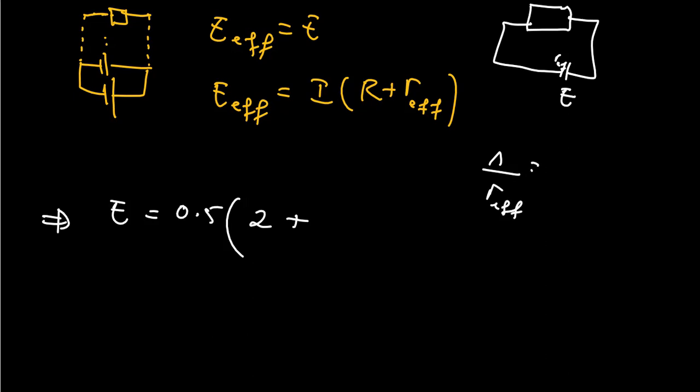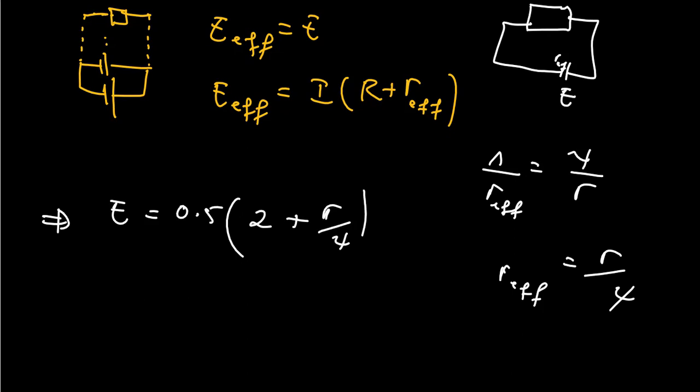R effective will simply be 1 on R plus 1 on R, that will be in total 4 divided by R, and so the effective resistance will be R divided by 4 since they are connected in parallel.